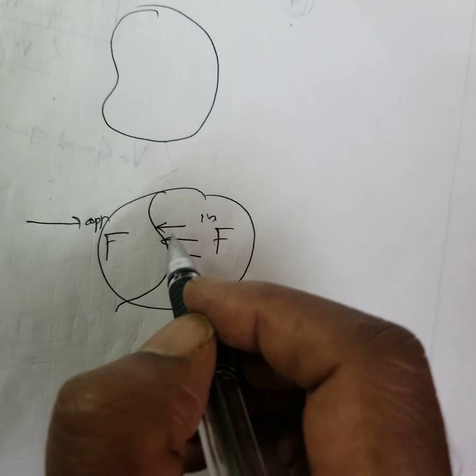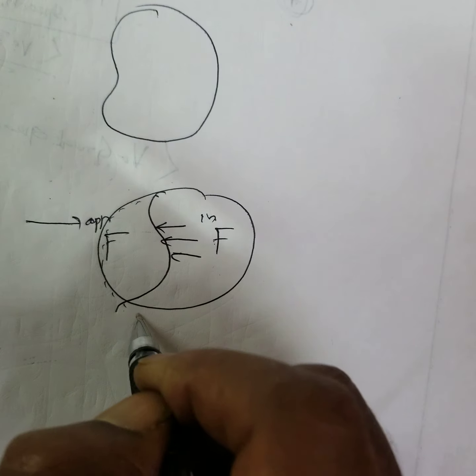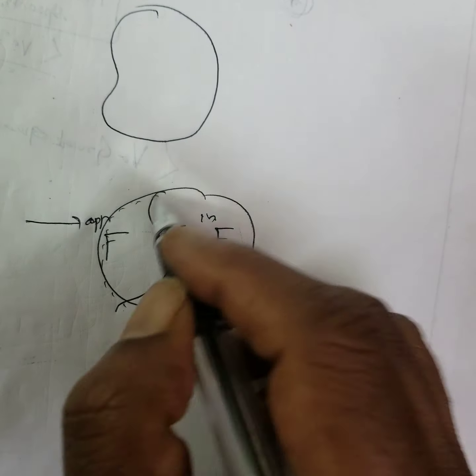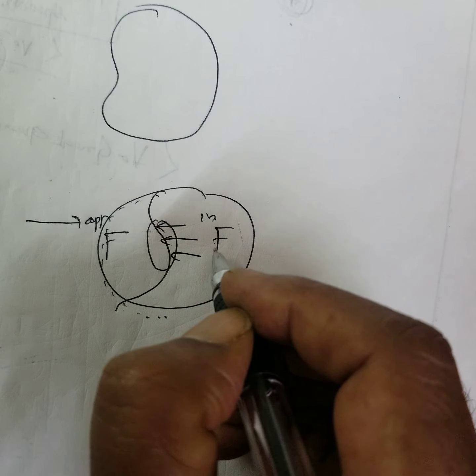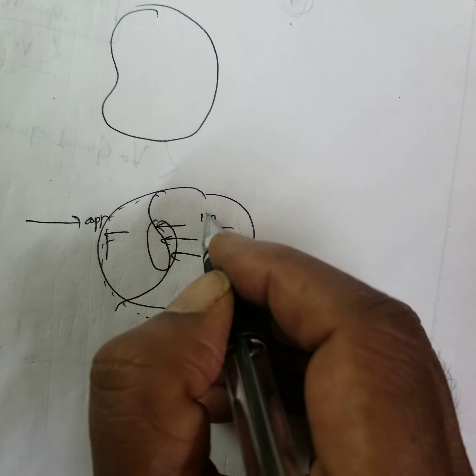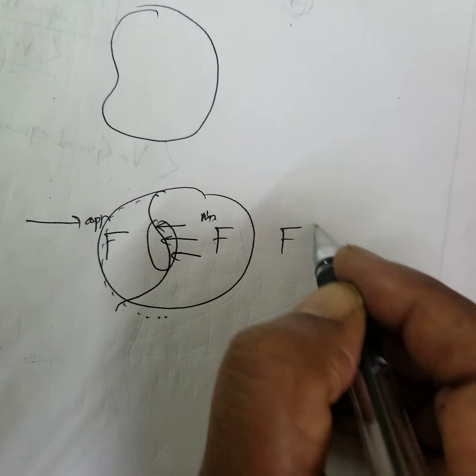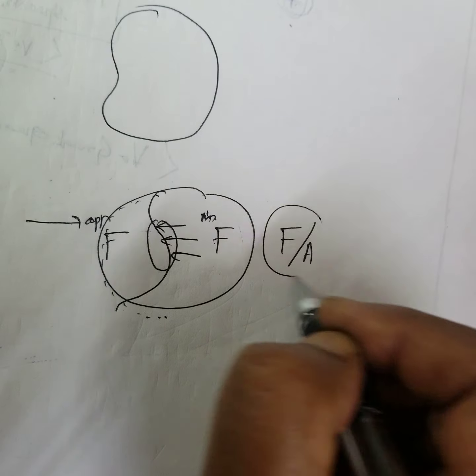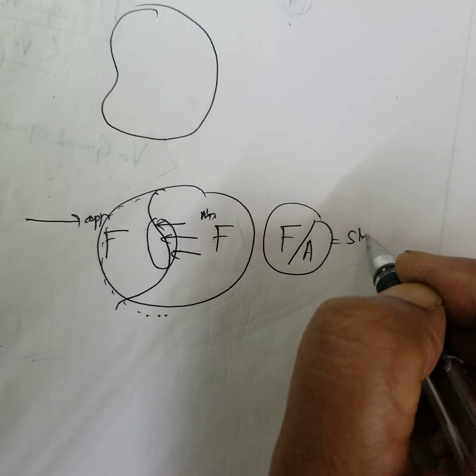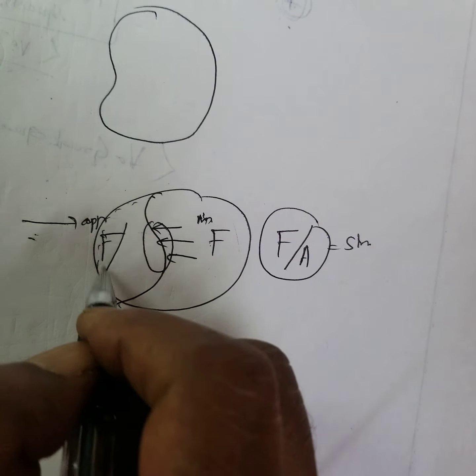This force tends to restore the body to its original condition. The restoring force per unit area is called stress. It is a measure of applied force per unit area.